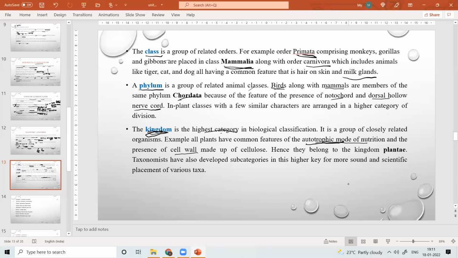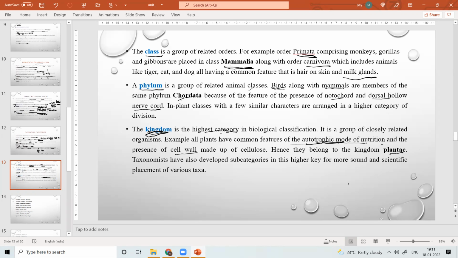If you take the example of the kingdom Plantae, it includes all organisms with an autotrophic mode of nutrition. That means they produce their own food by photosynthesis, and they have a cell wall.